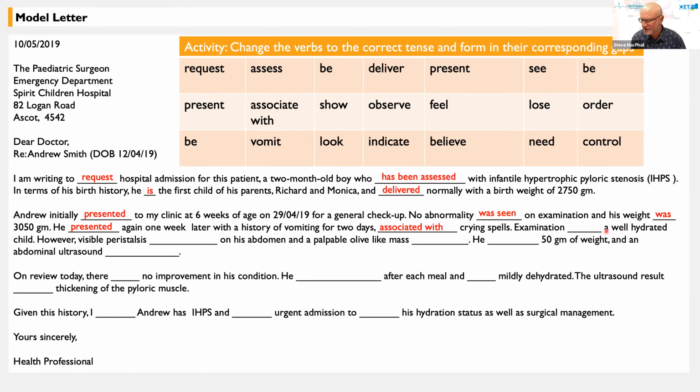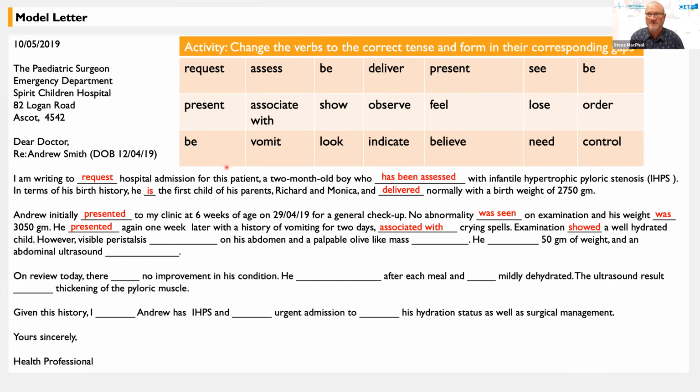Examination something, a well-hydrated baby. We've got the word show. Examination. Still waiting. Thank you, Joe. Showed a well-hydrated child.